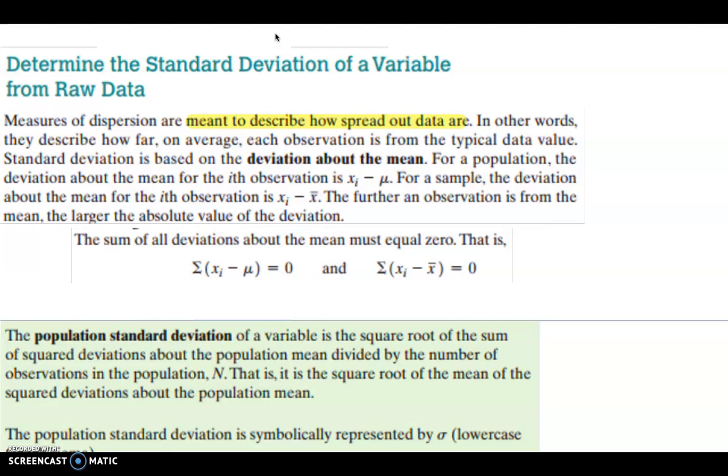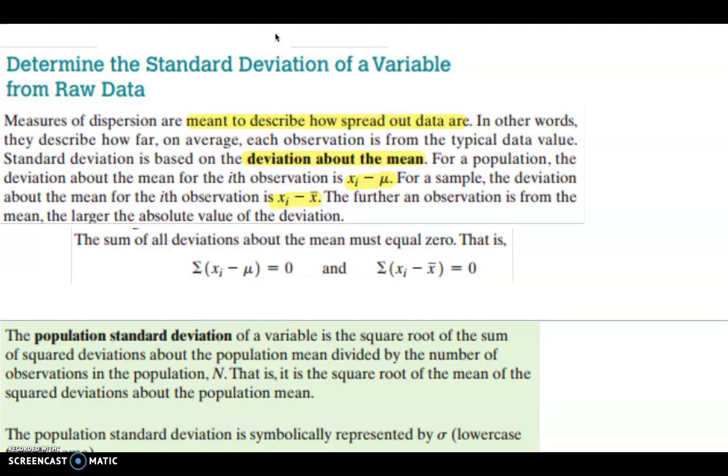Standard deviation is based off of a deviation from the mean. For the population, the deviation about the mean for the ith observation, whether it's the 5th, the 7th, the 10th, whatever, is x minus mu. You just take that data value, subtract the mean, and that's the deviation about the mean.